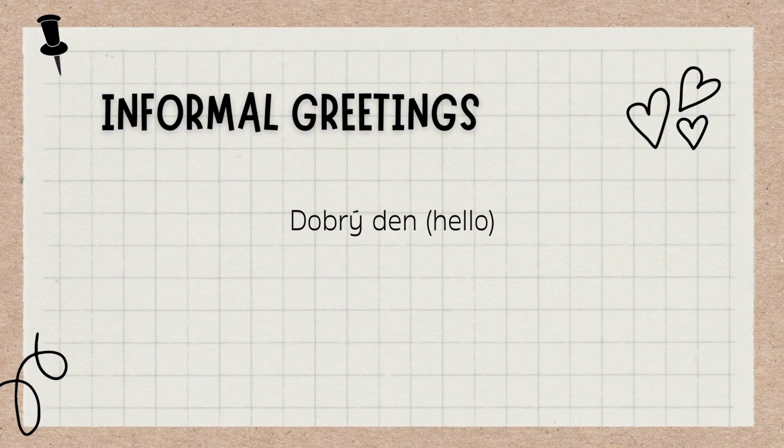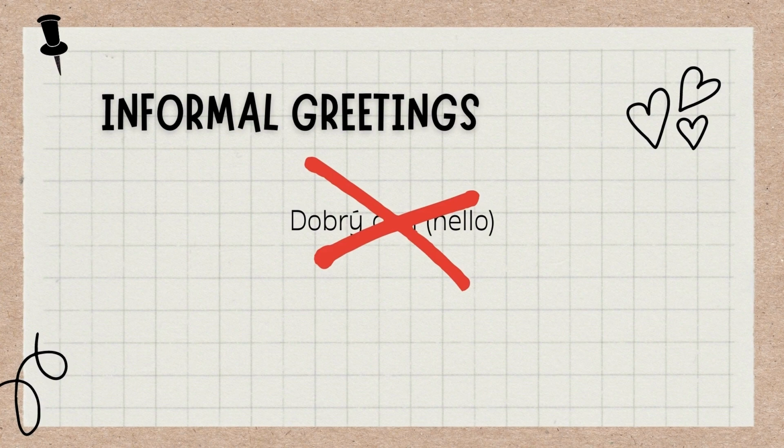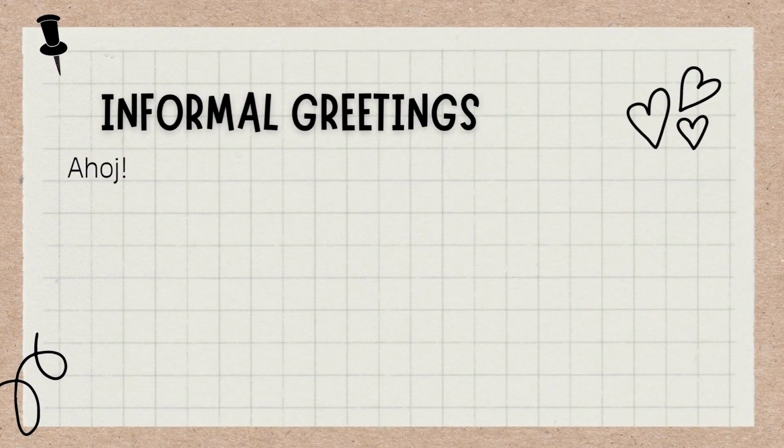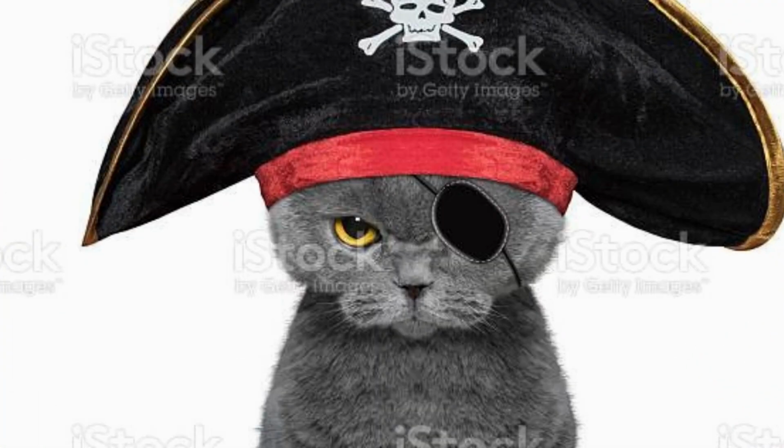You already know the formal greeting dobrý den. When you are with friends, you don't want to greet them like that, because it would seem too formal and cold. The most common informal way to greet is ahoj, which can be used when meeting someone or when saying goodbyes to someone. Does it sound familiar? It sounds like the pirates ahoy in English.